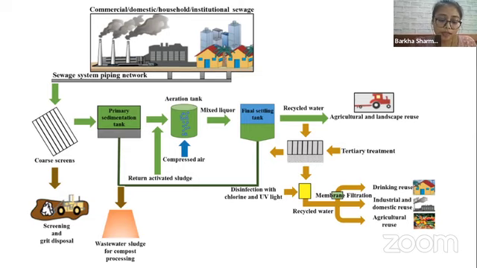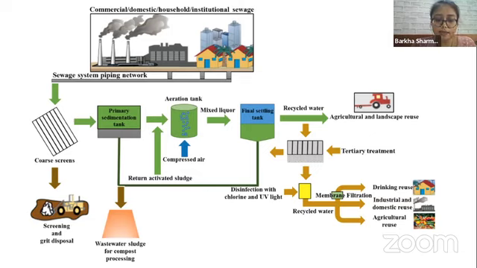Then primary treatment. Primary treatment is to retain the total solids by settling down and floats like grease and oil by skimming method. Basically sedimentation of solids and skimming of grease and oil are the major tasks in a primary conventional wastewater treatment plant.